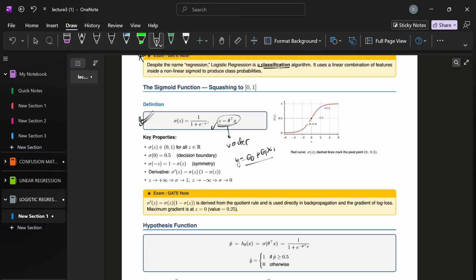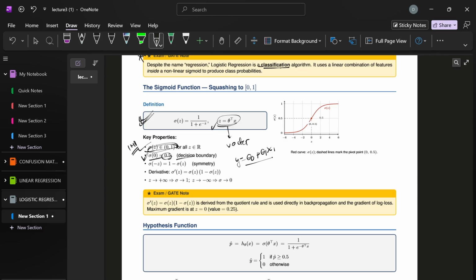No matter what value you give it, positive infinity or negative infinity, the output will always stay between 0 and 1. This is one of the most important properties of the sigmoid function. There are some more properties. For example, at z equals 0, sigma equals exactly 0.5, and this will be our decision point to classify.